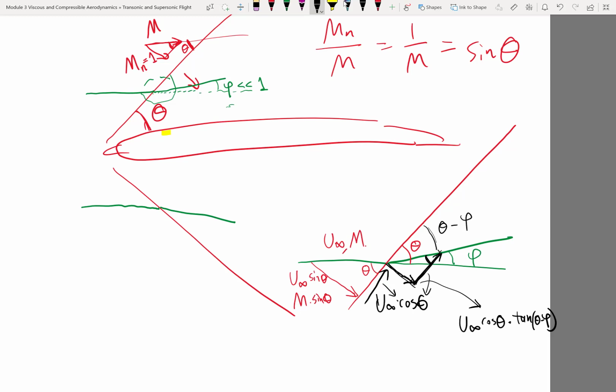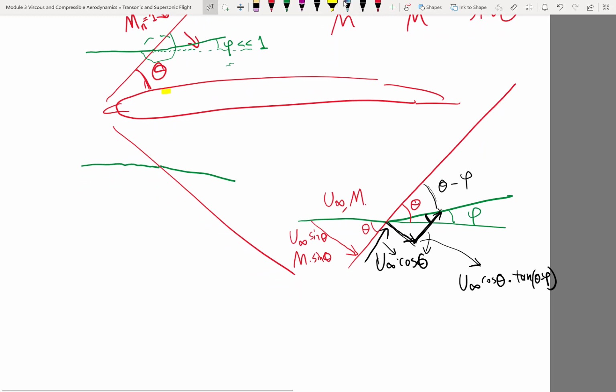Okay, anybody remember the derivative of a tangent? Good. So tangent of theta minus phi, when phi is very small, is approximately equal to tangent theta plus 1 over cosine squared theta times the small change phi.